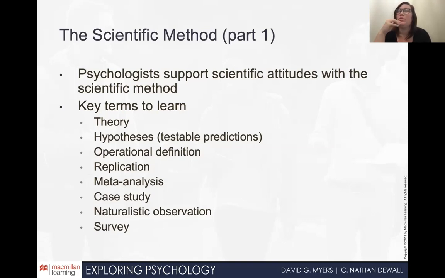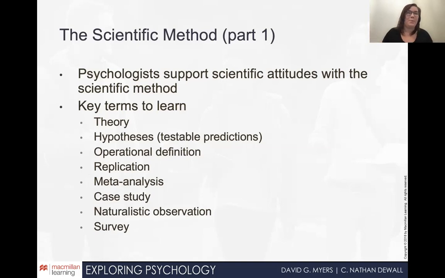So say we were looking for all of the research done on positive reinforcement in kids age 3 to 5, we're going to go look for all of those articles. We're going to take all of the analyses that they've done and we're going to average them together to get a general result.